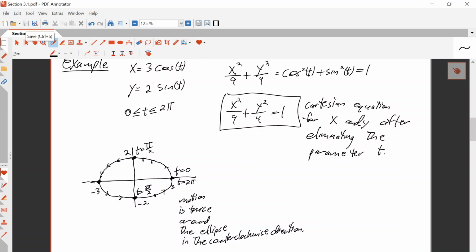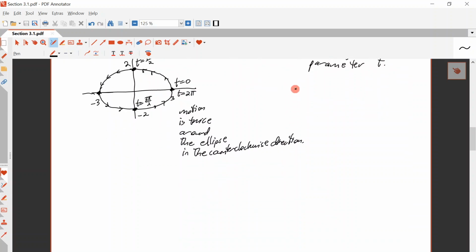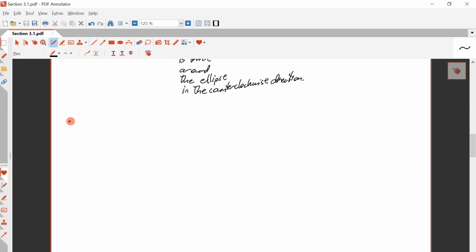Okay, about something else. So let's say r of t is equal to, so similar to that one we just did, 3 cosine t, 2 sine t, and then t.